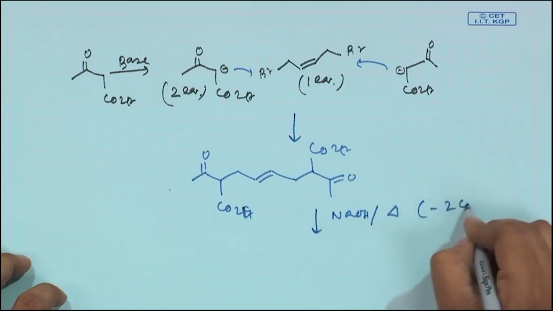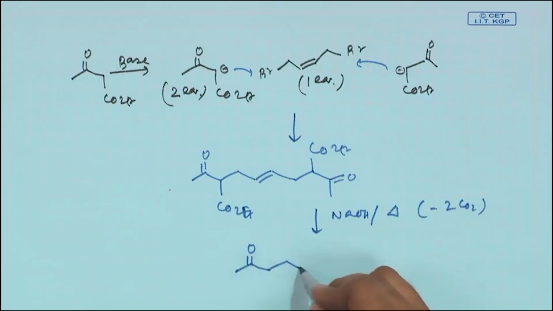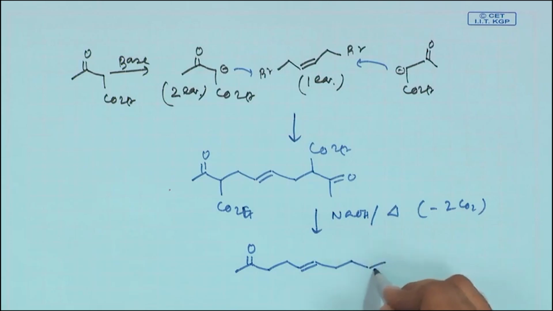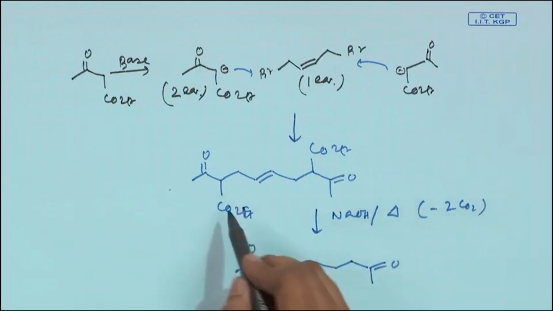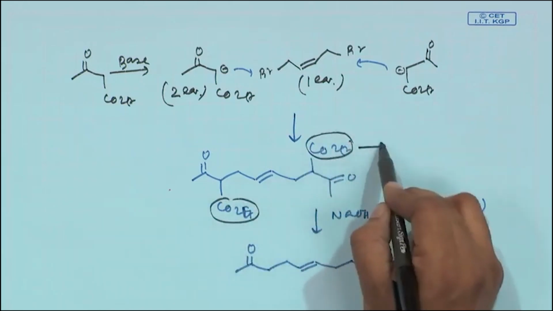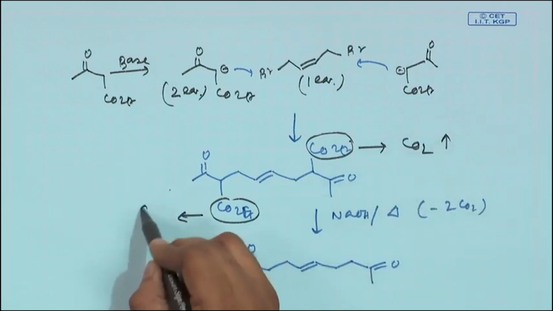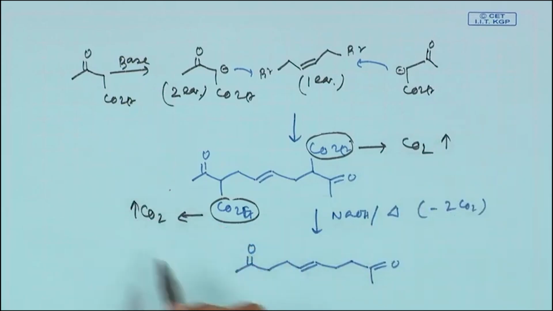So, 2 equivalents of carbon dioxide will be released and then will give you this product. So, here these things will be hydrolyzed and will give you carbon dioxide gas.